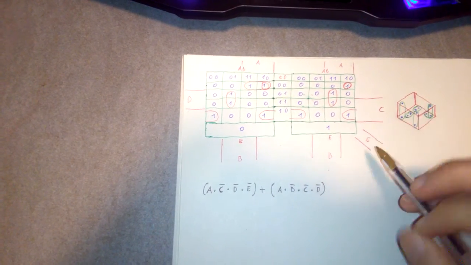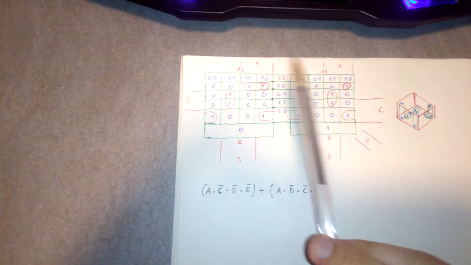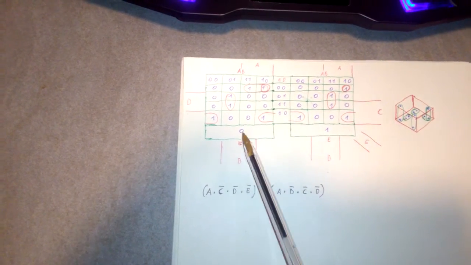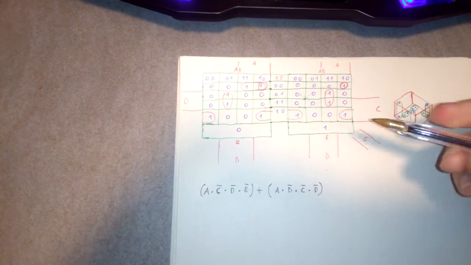However, I'm not going to say anything for E because this one falls inside, but this one falls outside of E, which is 0 here and 1 here.